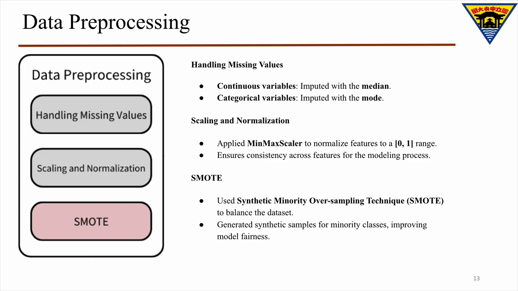The second technique we use is scaling and normalization. We apply the min-max scaler to normalize features to a range between 0 and 1. And the last one is SMOTE. We use SMOTE to generate some samples for the minority classes to improve the balance.